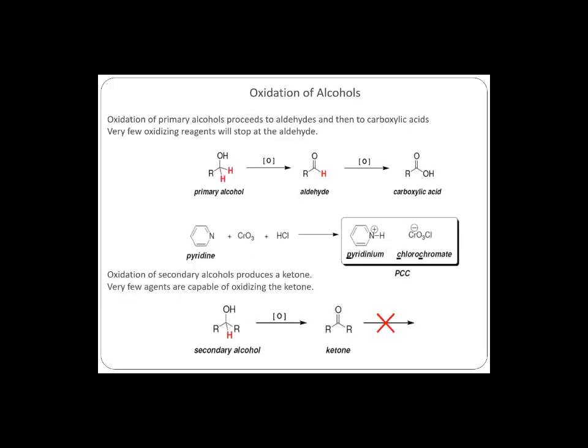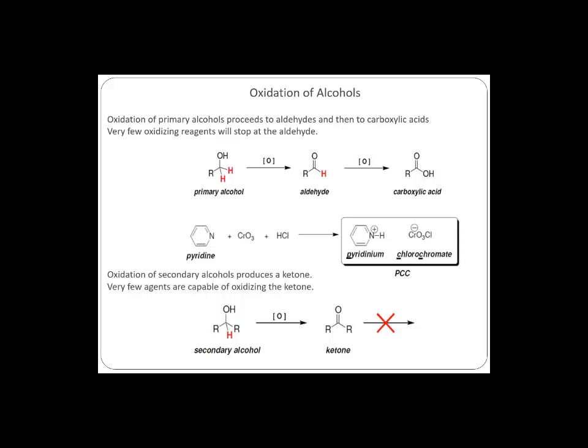All right, the last few things in this chapter is that we can use oxidation reactions to essentially reverse the reduction reactions that we saw before. So it's basically if you added 2 hydrogens, you just remove the 2 hydrogens.